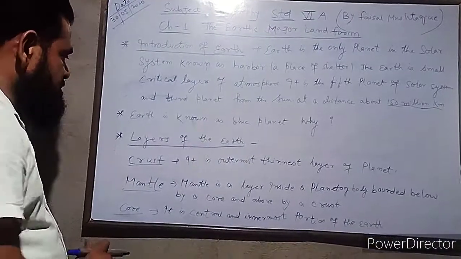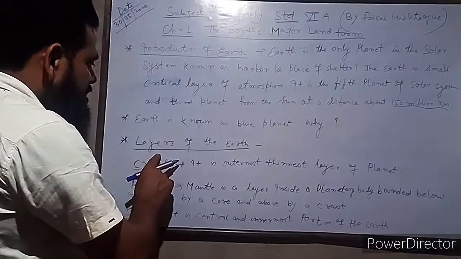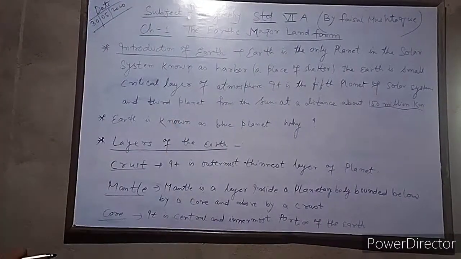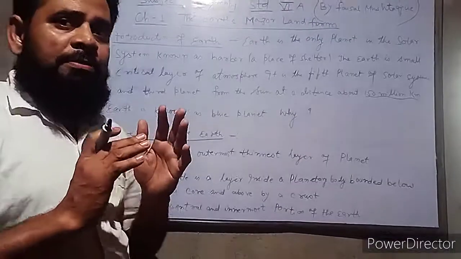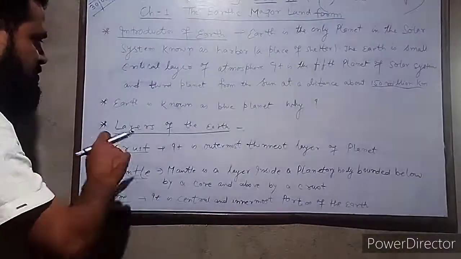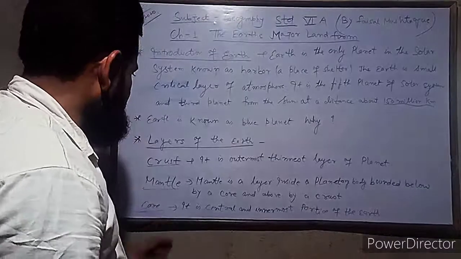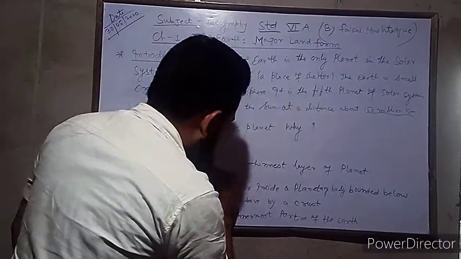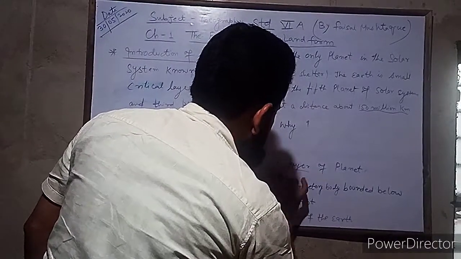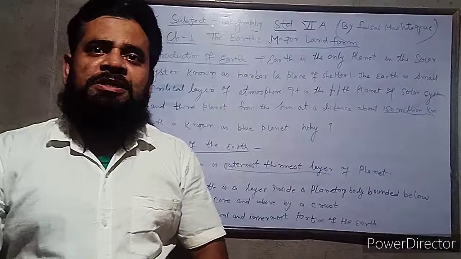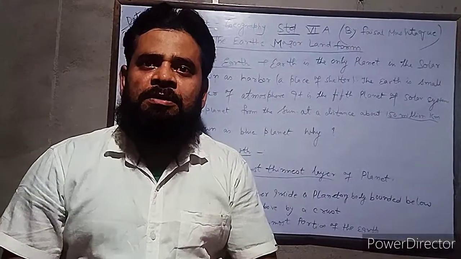Now I will discuss the other points, the layers of the Earth. I am giving some information about the layers of Earth. Crust. The crust is the outermost, thinnest layer of the planet.